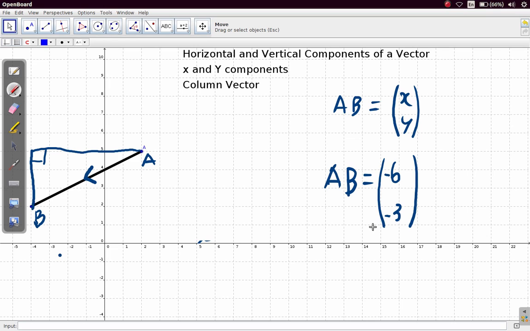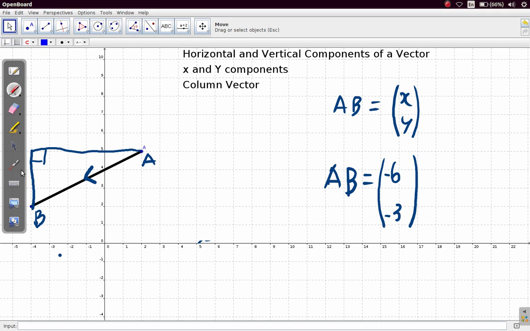So what you have for the column vector, which is a column matrix used to represent this vector, is negative 6, negative 3. It is in the form x, y, where x is negative 6 and y is negative 3.